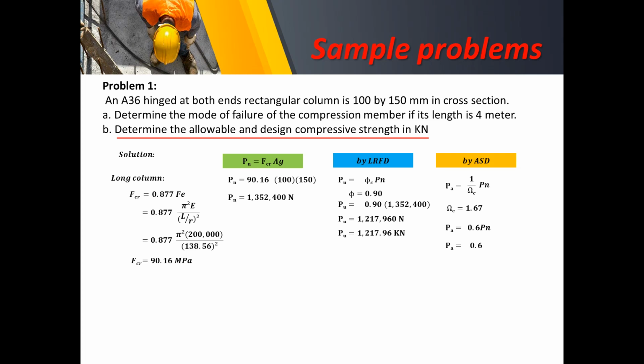So Pa will be equal to 0.6 times Pn. We have 811,440 newtons, and then that is equal to 811.44 kilonewtons. So those are the allowable and design compressive strength in kilonewton using ASD and LRFD respectively.